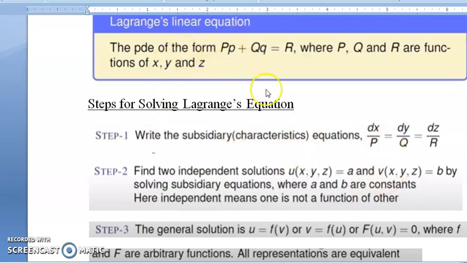So look at the equation. Here capital P is the coefficient of small letter p and capital Q is the coefficient of small letter q and R, the right hand side, dz by R.